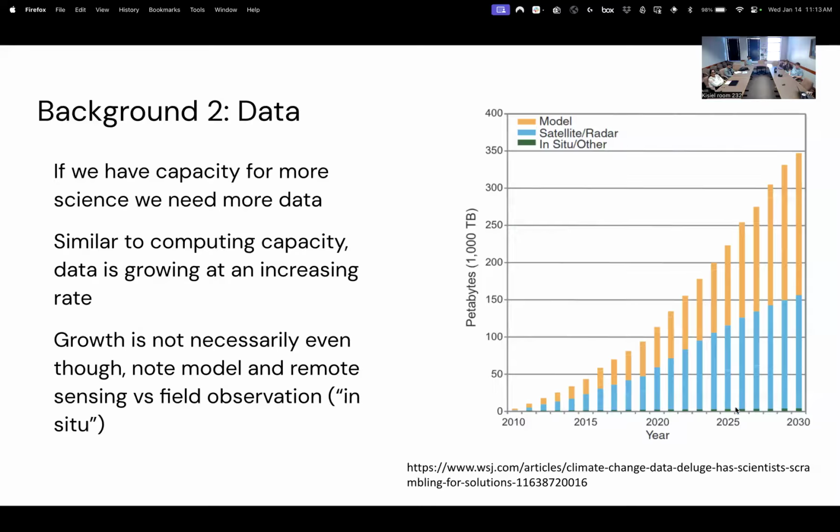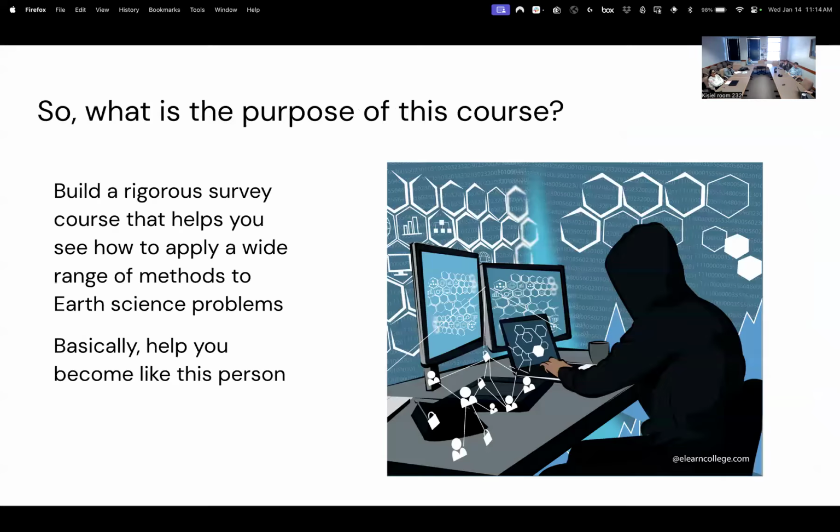There is a tiny little sliver of what they have as in situ or other, which is field observations. And it looks small, but that data is obviously super valuable, arguably per data point more valuable than a model data point. And working with them together is also very challenging to think about. So that's one other thing that we'll talk about.